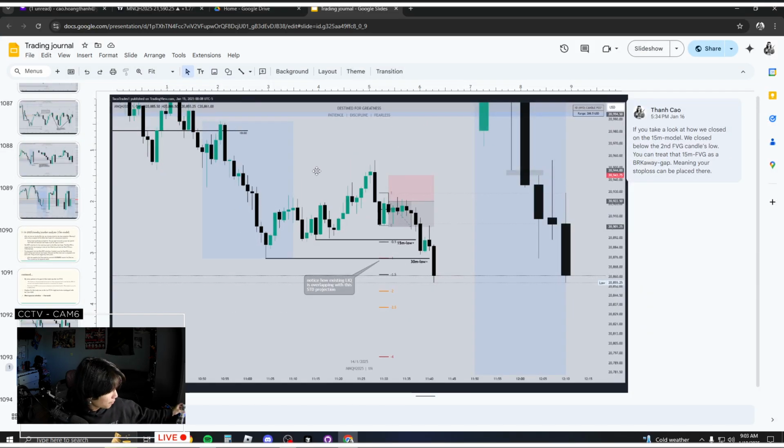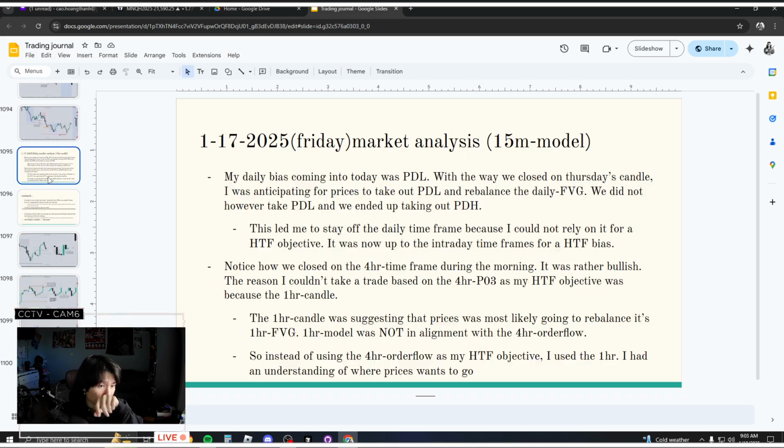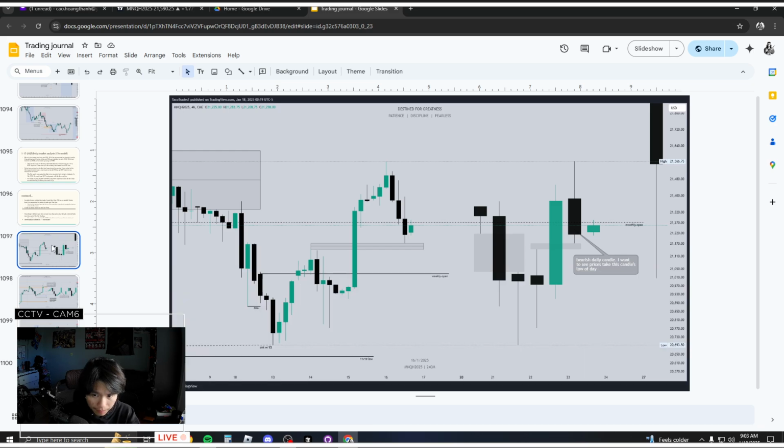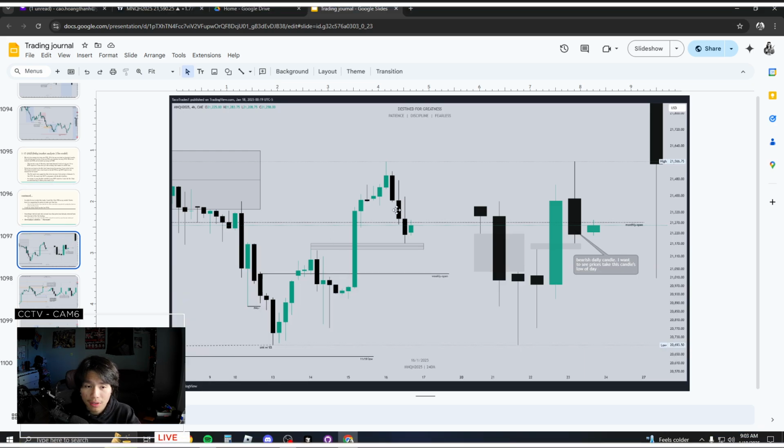And last but not least, the third trade here, from last week, was on Friday, and my daily objective coming into that Friday was for us to rebalance this inefficiency, right?